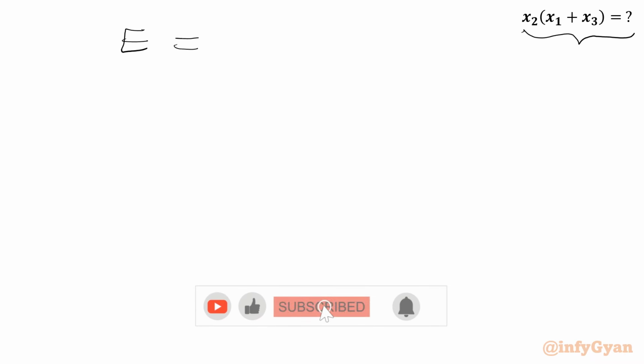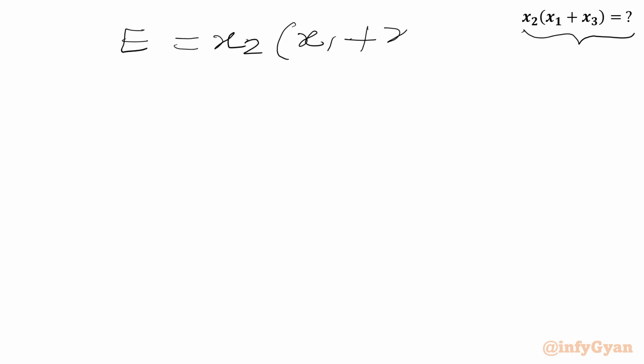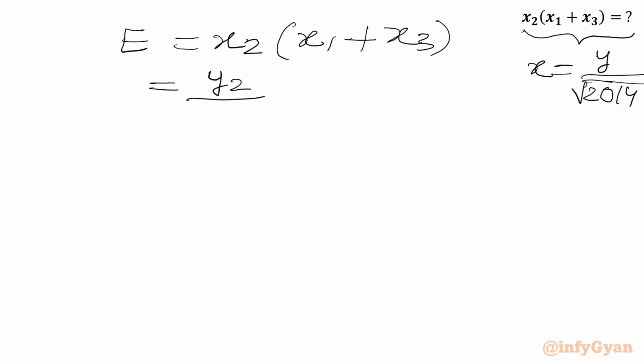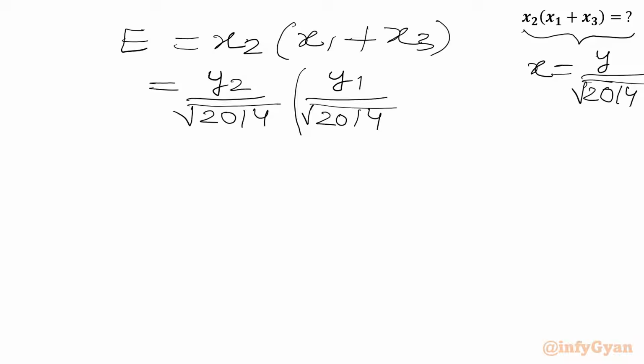Let me write our required expression E first: x2 times x1 plus x3. Now x was y over square root 2014. So in place of x2, we will write y2 over square root 2014. In place of x1, we will write y1 over square root 2014. In place of x3, we will write y3 over square root 2014.